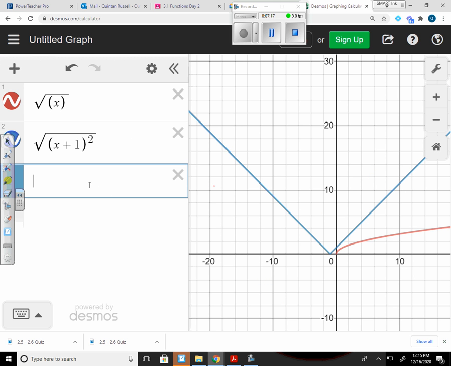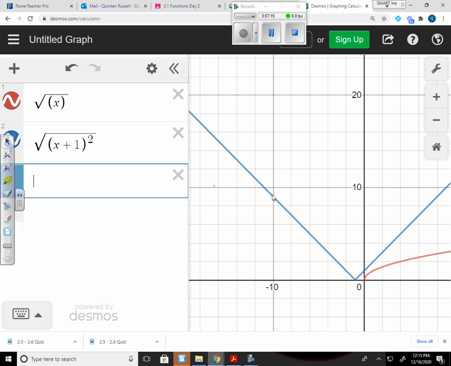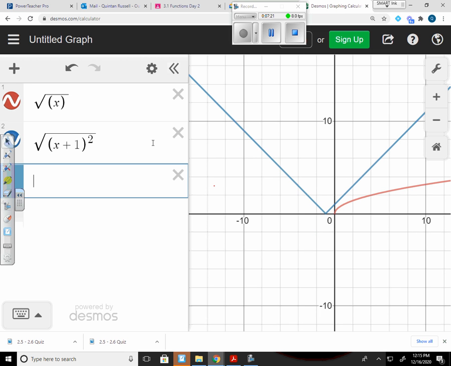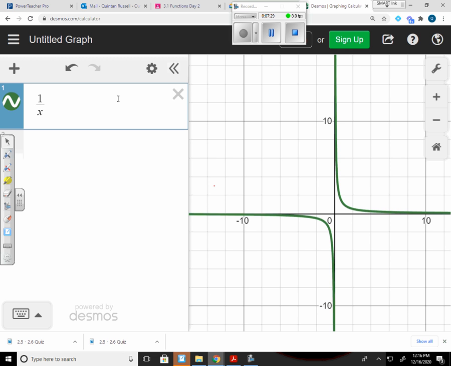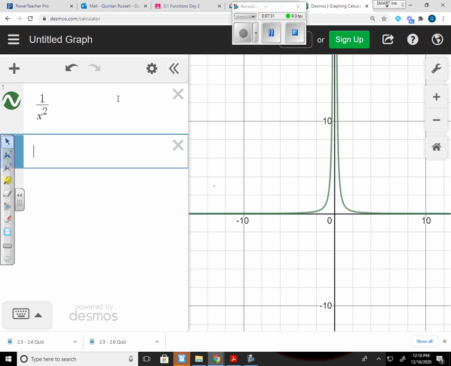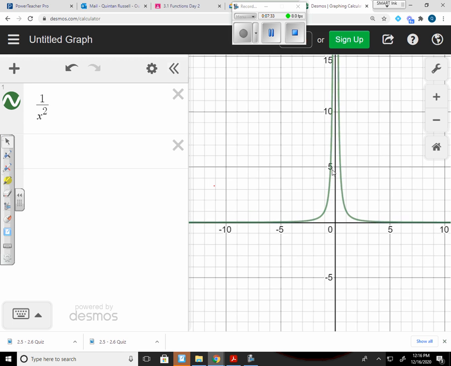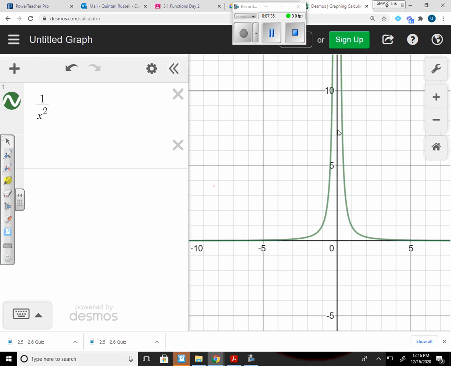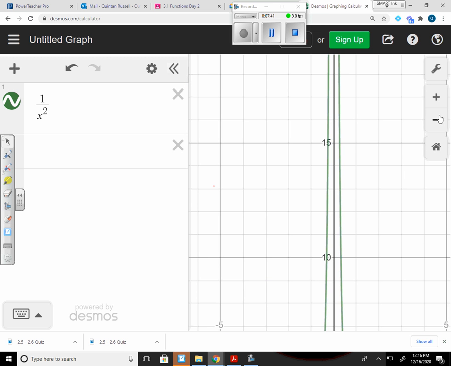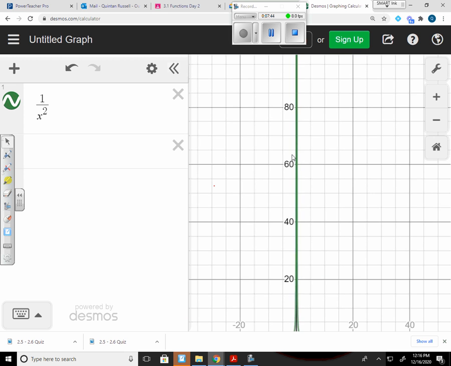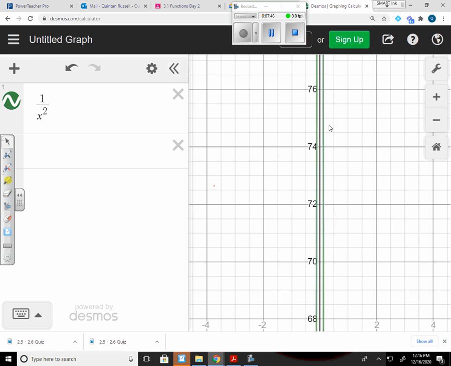For ones where it's going to give you the dividing by 0 problem, those are going to be like 1 over x squared. And you'll notice that for this one, it never actually touches 0. It gets closer and closer to 0, and it might look like it's touching, but it never actually does.